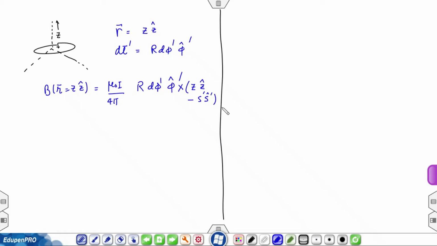That is where the position is at some s prime, and s prime in this case happens to be r, because current is at r, divided by mod of z minus r s prime raised to 3.